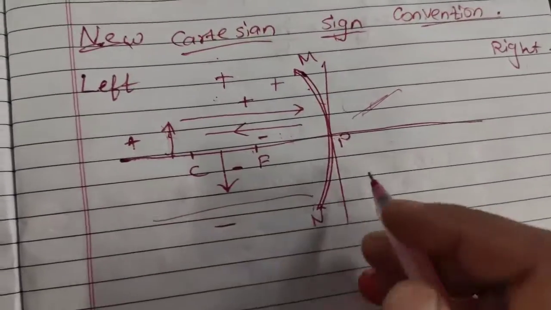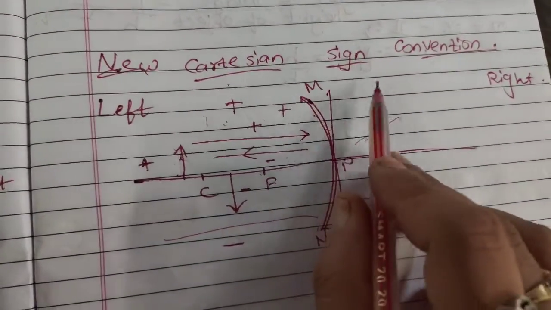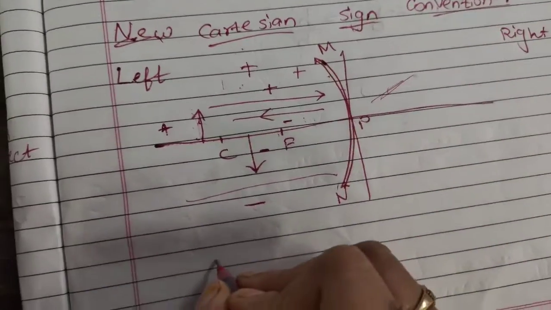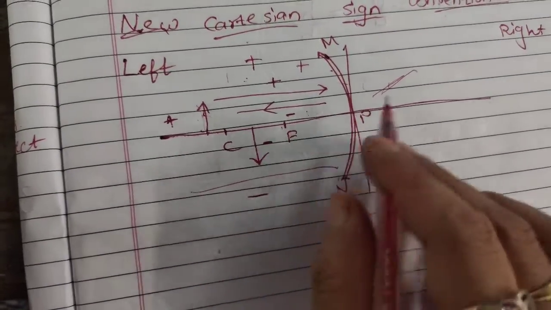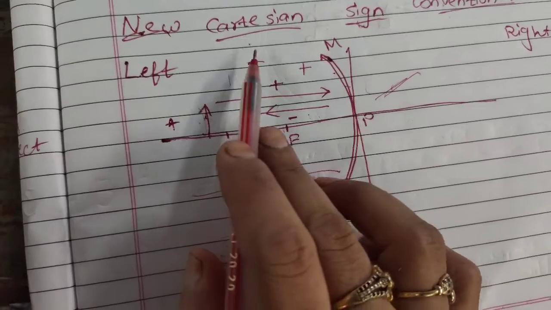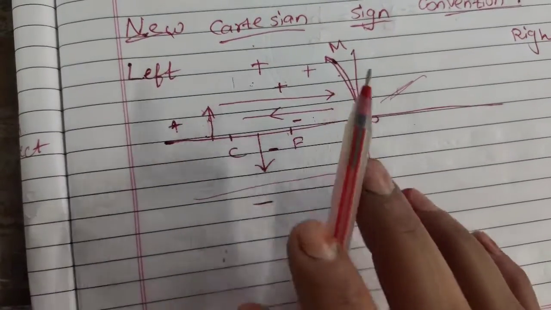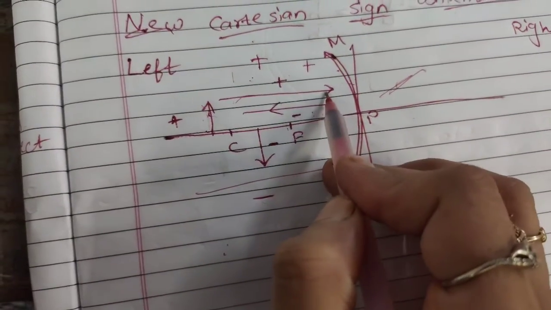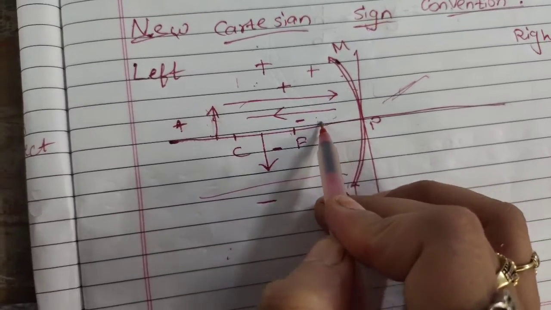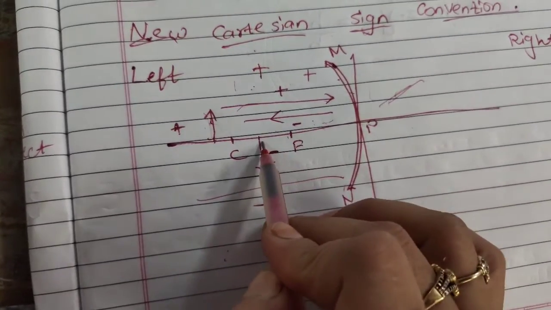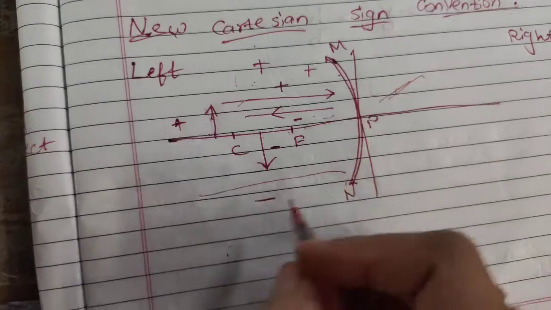Now we will learn the formula using the new Cartesian sign convention. We will see the direction of incident light. This is our direction of incident light, and the distance towards the left side is negative.